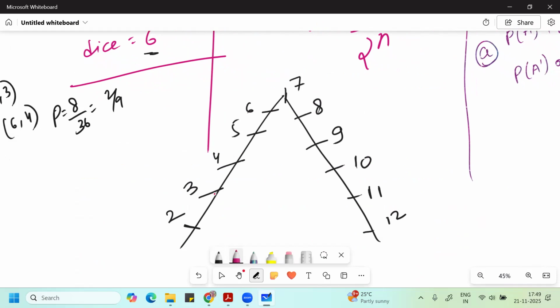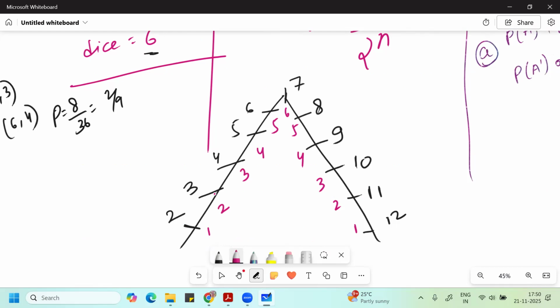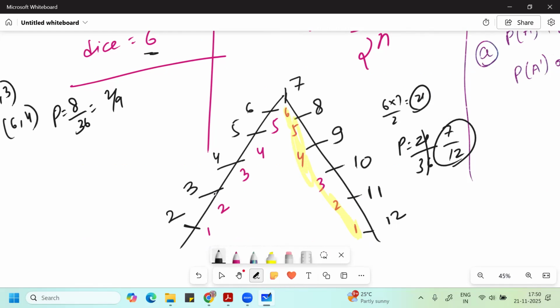Talking about the favorable outcome, just remember this shortcut: 1, 2, 3, 4, 5, 6, 5, 4, 3, 2, 1. If they're asking the sum on the two dice is 7 or more, your favorable outcome would be this. What is the sum of n natural numbers till 6? 6 into 7 by 2 means 21. So your favorable outcome would be 21 and total outcome is 36. So the answer would be 7 by 12.